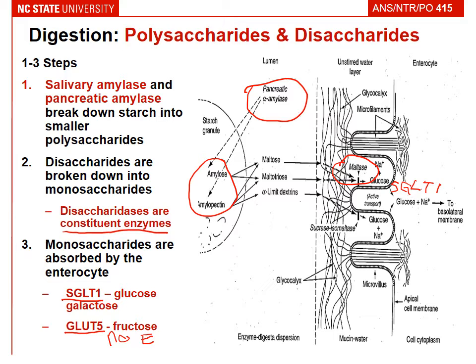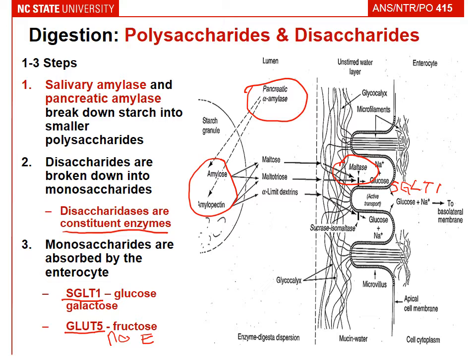So first you can see that these disaccharides have to get through this unstirred water layer. This is the same as the mucus layer that's covering our enterocytes. And once it diffuses through this mucus layer, you have the maltase enzyme that is right here.